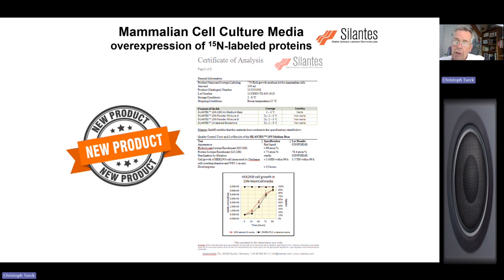If you do NMR protein structural studies, these proteins have to be labeled with stable isotopes, be it 15N or 13C. And this took about 2 years of development to come up with a very good mammalian cell culture media that also gives very high incorporation rates, over 90%, and can be used for NMR and other applications.